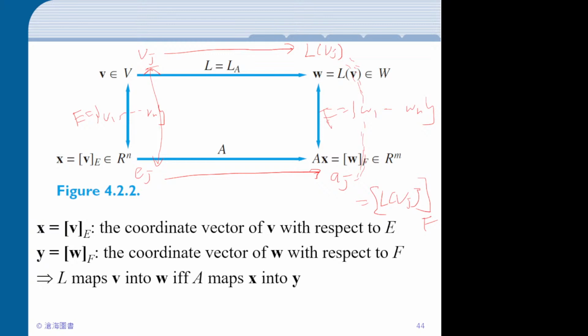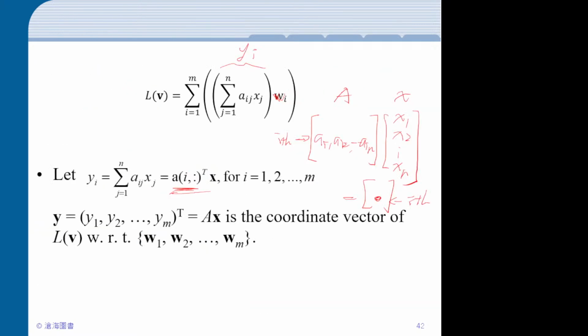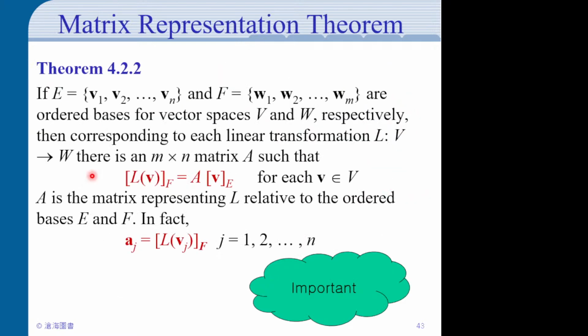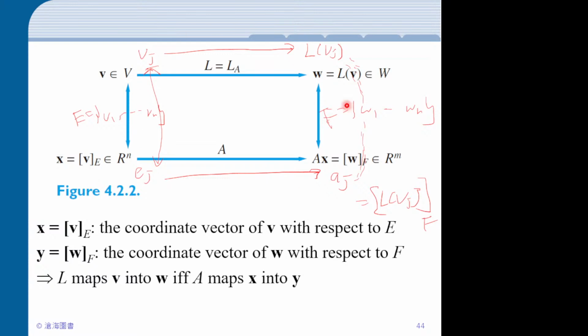The thing here and the thing here are related by this F. So this Aj should be the coordinate vector of L of Vj. Hopefully this gives you more intuition about what we were doing through all this algebra. Now we have this abstract picture.